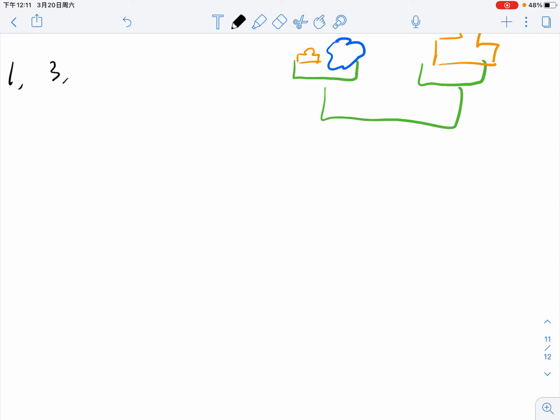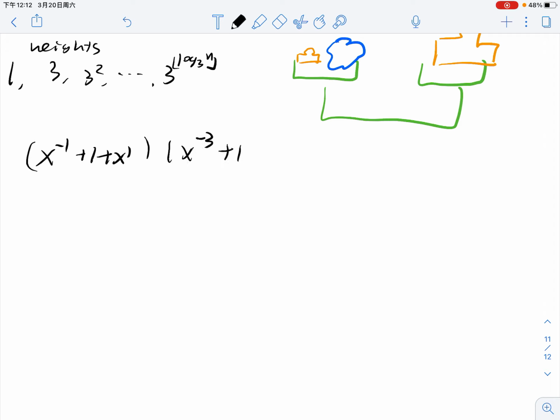So the idea is we can consider the weights 1, 3, 3 squared, all the way to 3 to the floor of log base 3 of n. And even to show that you can always do this is not that trivial. So at the very beginning, we use a generating function. So the generating function can be written down this way. And then you see the interesting part.